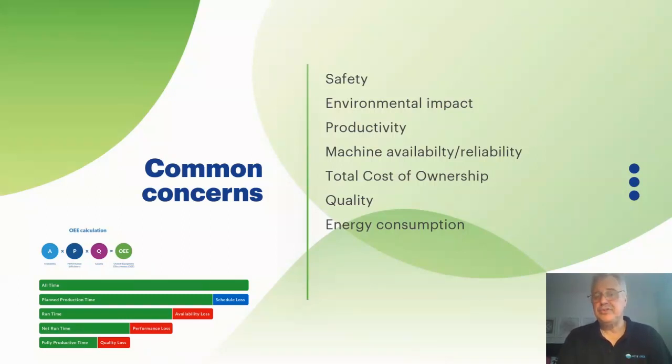Some of the most common concerns or areas to which we look at to have this continuous improvement could be safety, environmental impact, productivity, machine availability and reliability, total cost of ownership, quality, energy consumption, and so on. I'm sure I left some out, but you get the idea. It basically boils down to having a better HSSE, incrementing the overall equipment efficiency, machine reliability, and reducing the total cost of ownership.